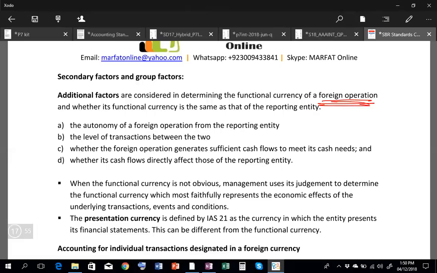They decide their own prices, and where and how to sell. So if it is written in the exam that they are determining main things for themselves, then they have autonomy. Similarly, consider the level of transactions between the parent and the subsidiary, and whether the foreign operation generates sufficient cash flow to meet its cash needs, which again shows autonomy, and whether its cash flow directly affects the reporting entity, which means its dependency on the parent company.